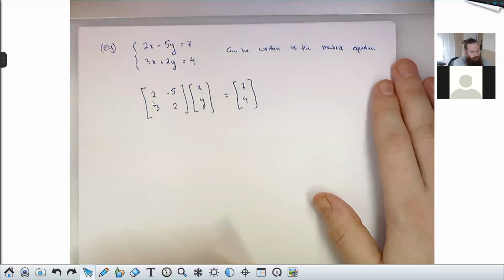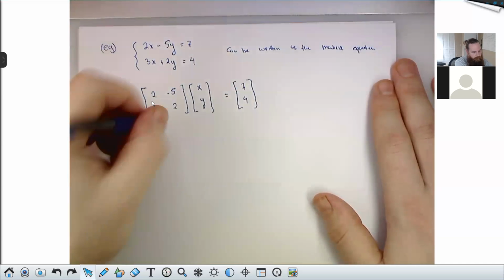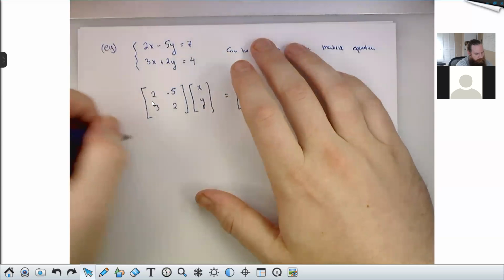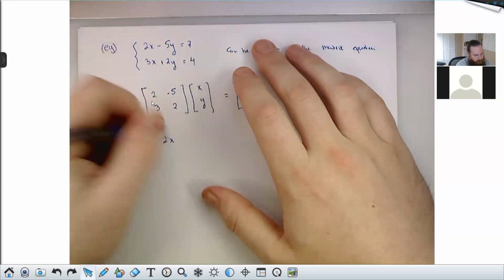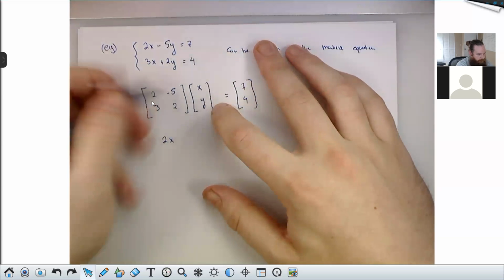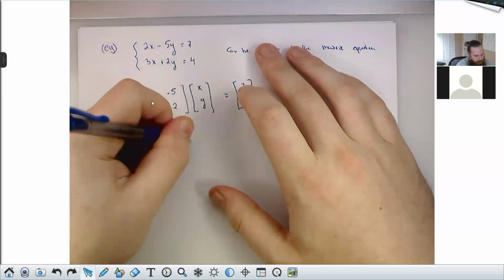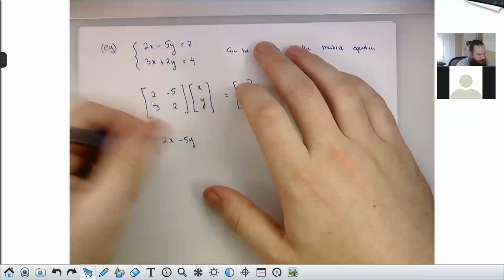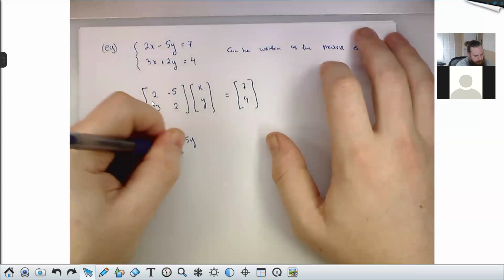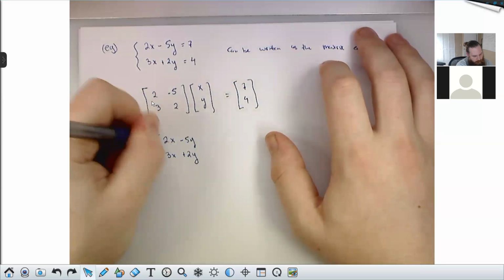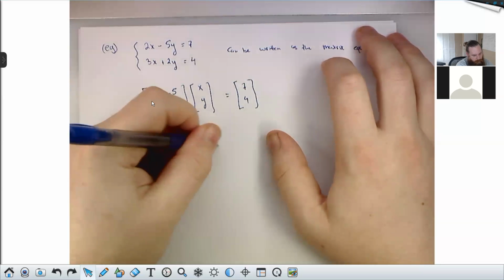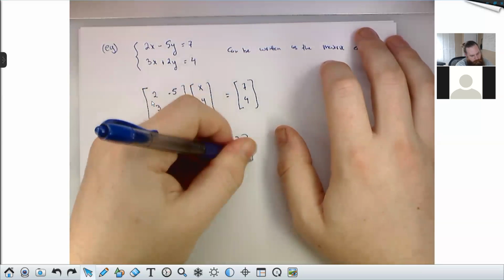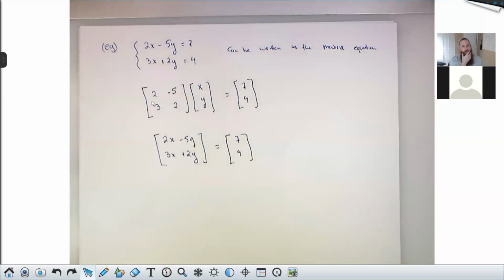You can check, right? Because if I multiply this times this plus this times this, the left-hand side is 2x minus 5y. And then here I'd have 3x plus 2y. And as a matrix, that's equal to [7; 4].